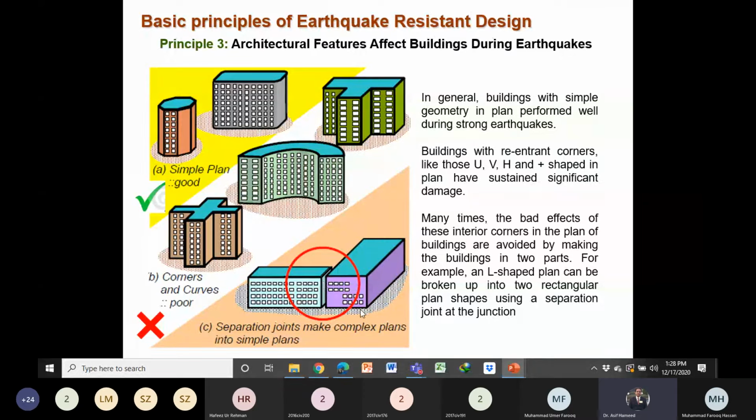We can separate the blocks. We can provide a seismic joint. For example, here we have an L-shaped building. We can provide a seismic joint here that can be properly designed. So it should be simple in plan. If it is simple in plan, then it can resist the loads. It should not have reentrant corners like here. Performance of these kinds of structures during earthquakes is poor. There will be damages at the corners.